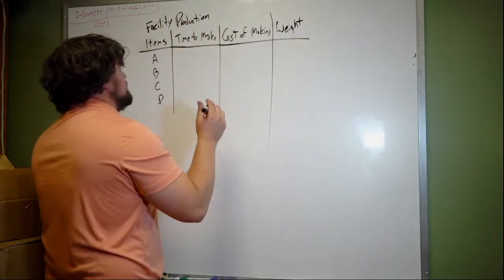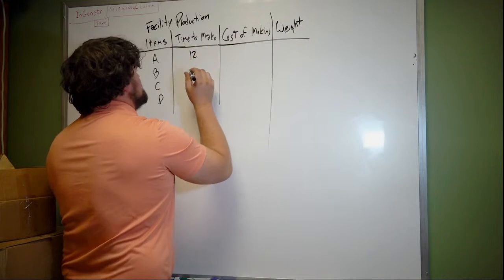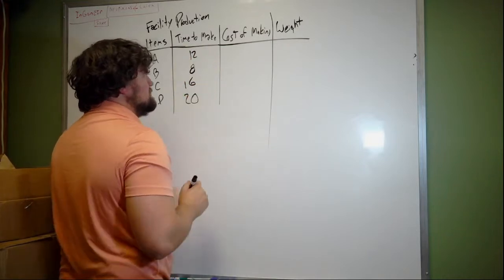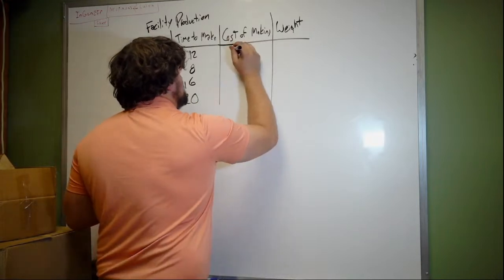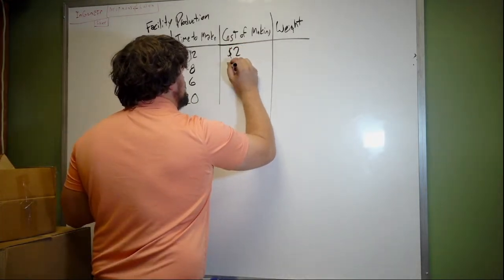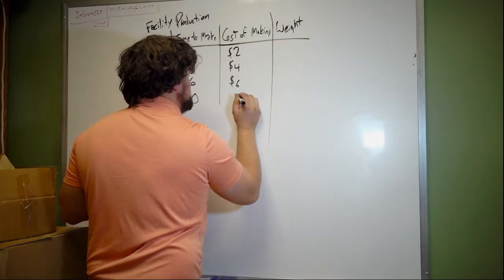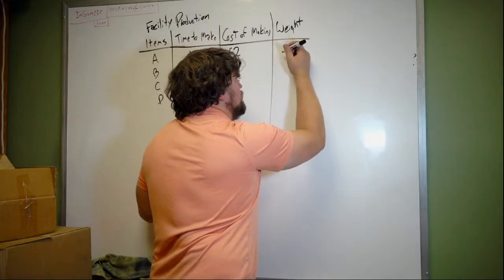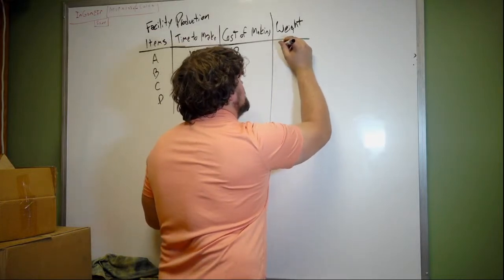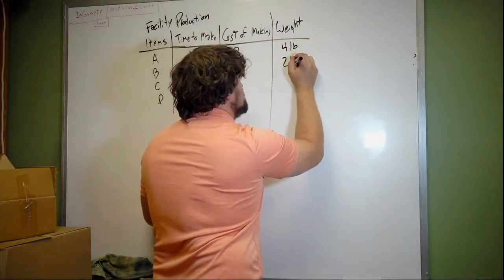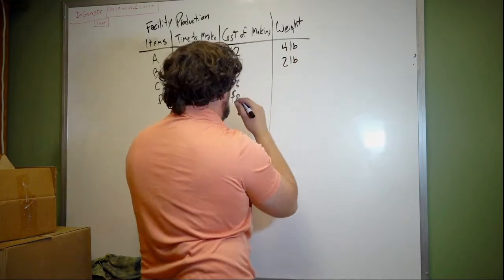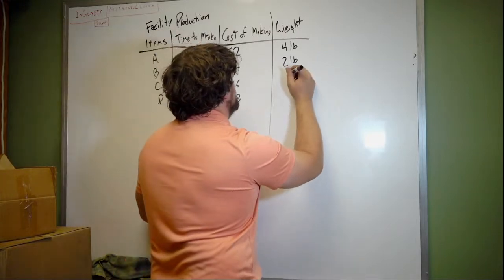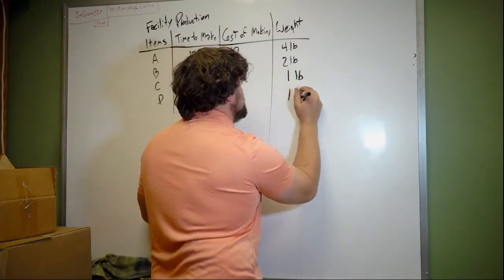Okay, so here, let's say this takes 12 minutes, this takes 8 minutes, this takes 16 minutes, this takes 20 minutes. Cost, this will be $2, this will be $4, this will be $6, this will be $8. Okay, and then weight, we'll say that this is 4 pounds, this will be 2 pounds, 1 pound, and this will also be 1 pound.